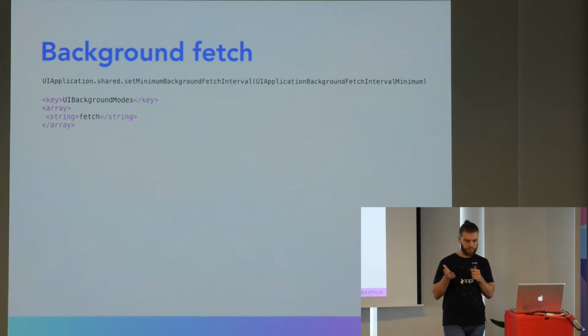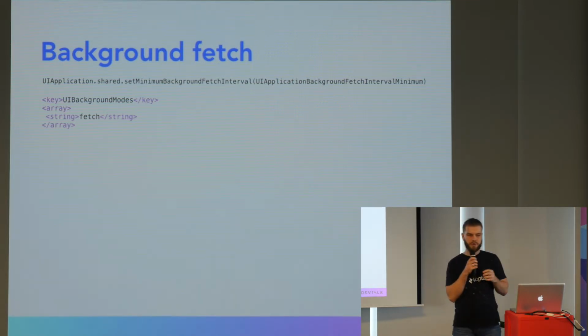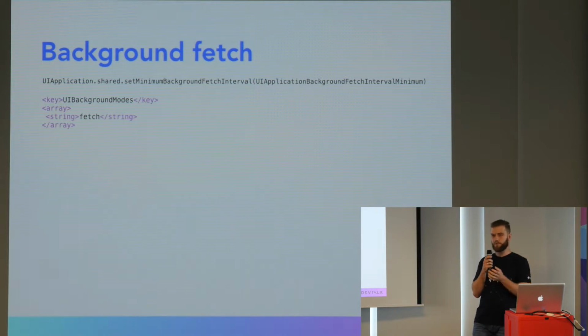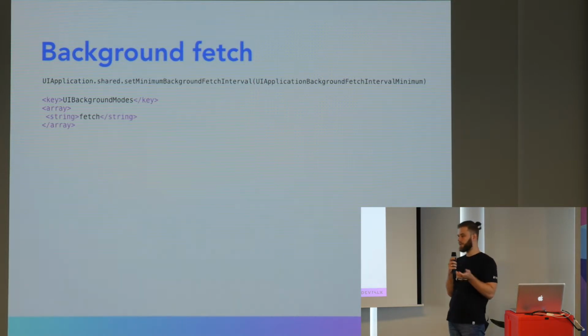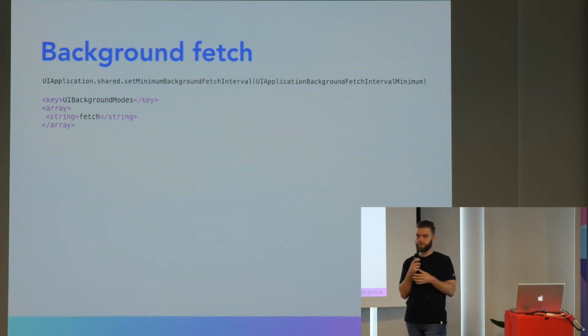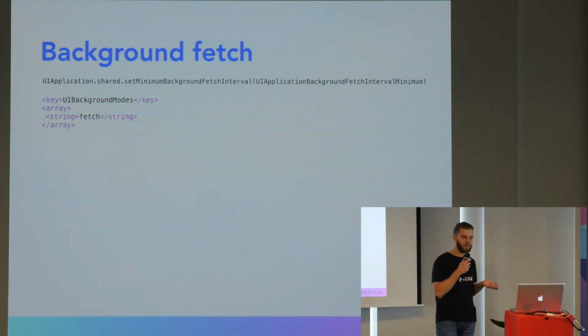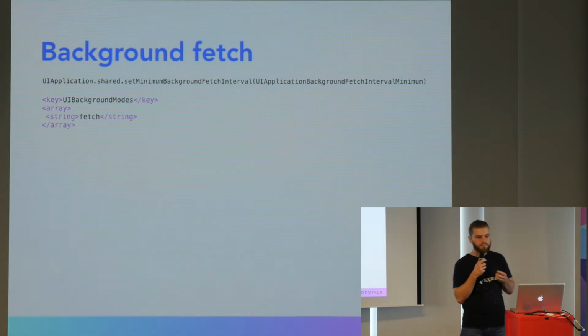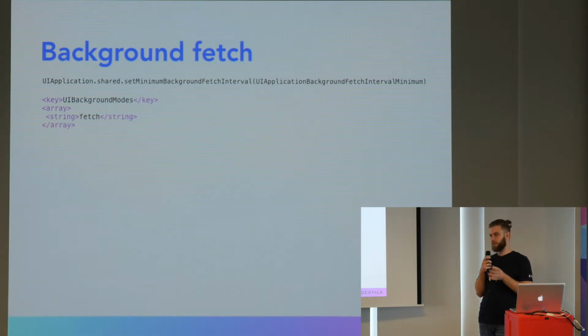If you go to Apple documentation, you'll see it's affected by Wi-Fi or bad Wi-Fi, whether the phone is charged or charging, how much space on the device you have, a lot of different things that affect this feature. But still, you need two things to configure this.